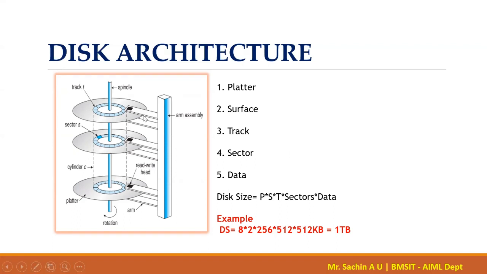That is why you can see two readers here: one reads the data on the top surface and the other on the bottom surface. These surfaces are divided into tracks. If this is one circle on the disk, this circle is called a track, and each track is again divided into sectors.